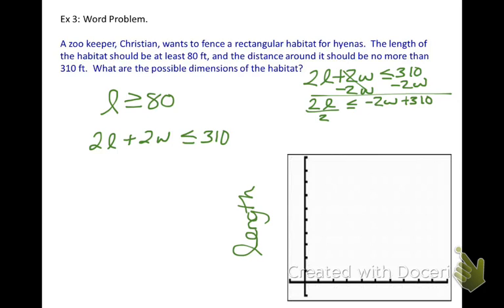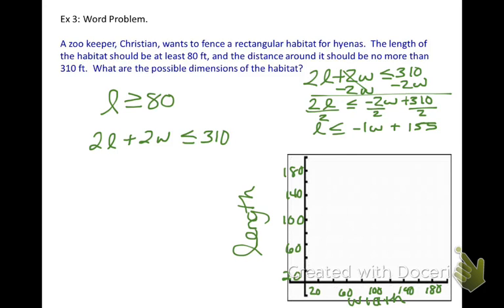Divide by 2. So L is less than or equal to negative 1W plus 155.